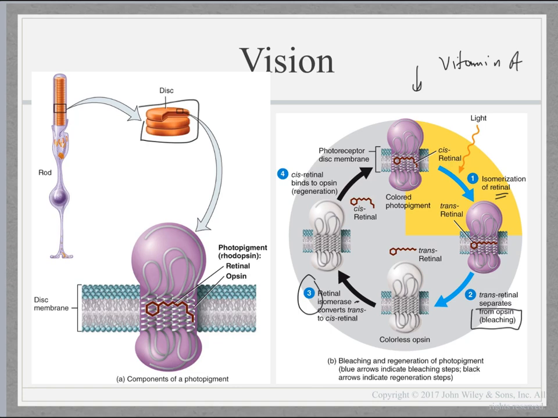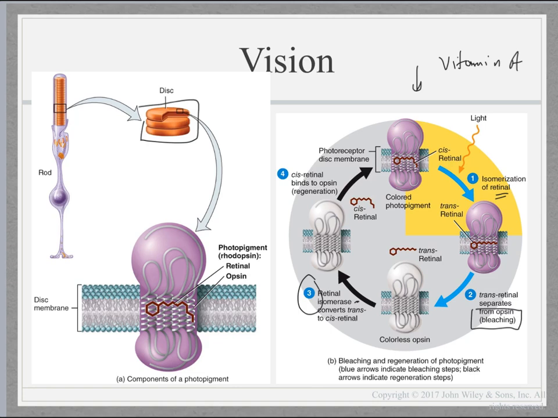Now, rhodopsin regeneration takes place in darkness, and is central to dark adaptation. And then a little later in this lecture, we're going to talk about dark adaptation versus light adaptation. Now, when dark adaptation occurs, when rhodopsin levels depleted from bleaching in a brightly lit environment gradually increase, this enables those rod cells to become increasingly sensitive to dim light.